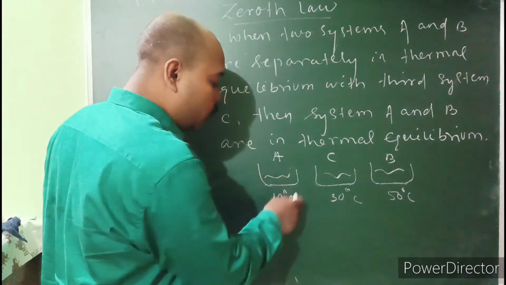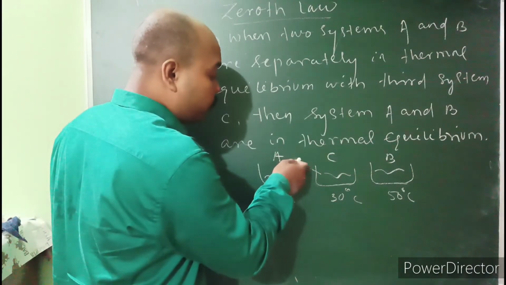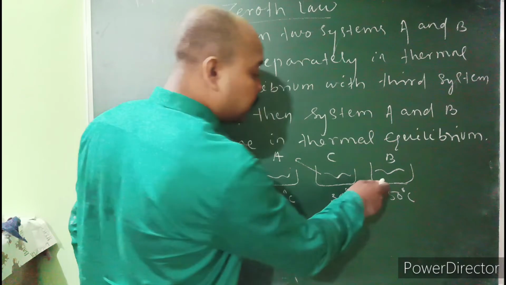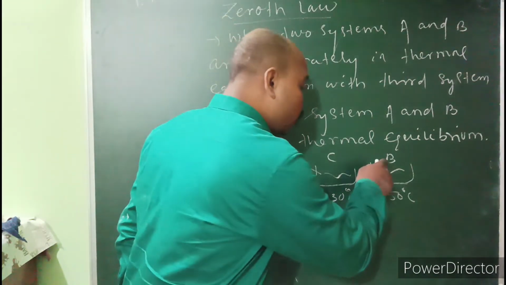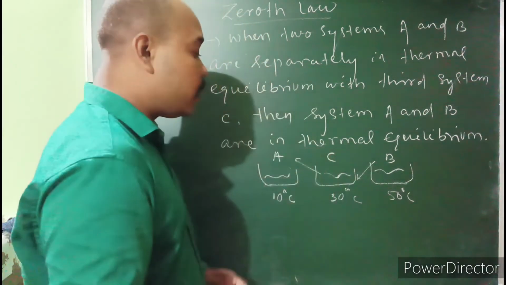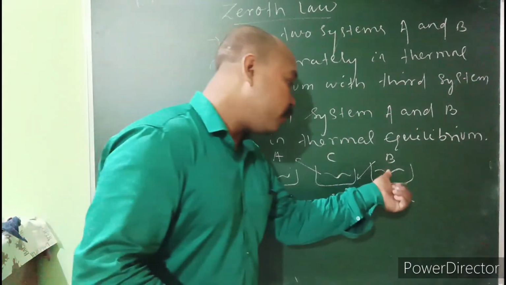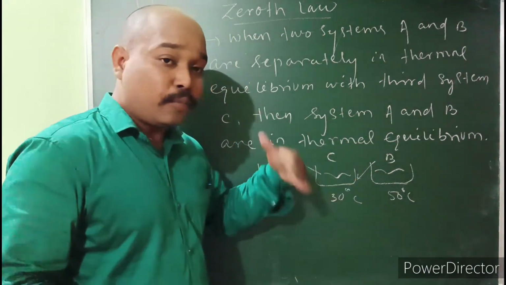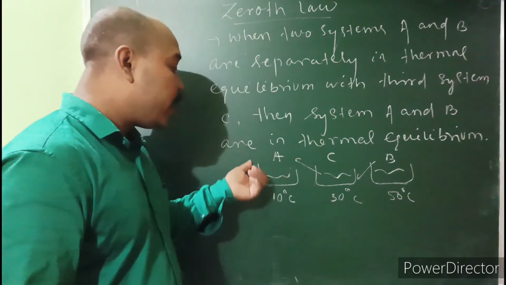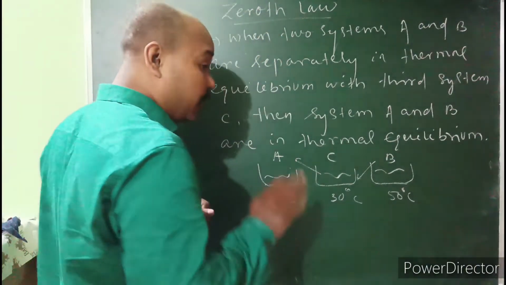As A has low temperature, it will gain energy from C. As B is greater than C, it will lose energy to C. A will gain energy from C while B will lose energy to C. In this way, there will be a certain position where A, B, C have the same temperature.